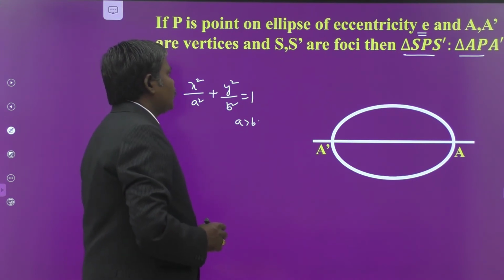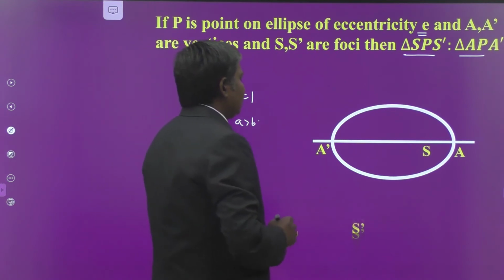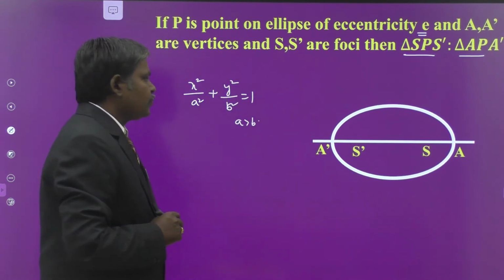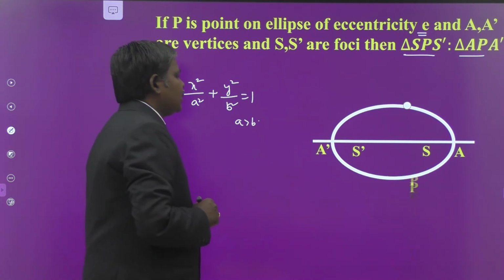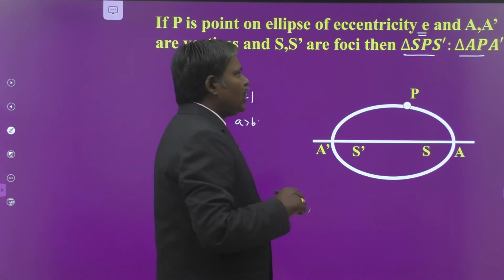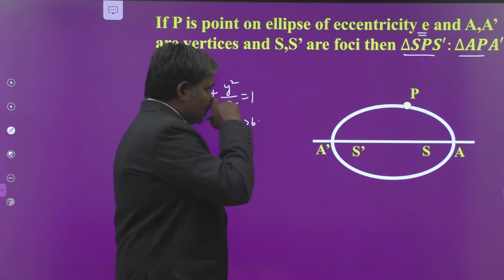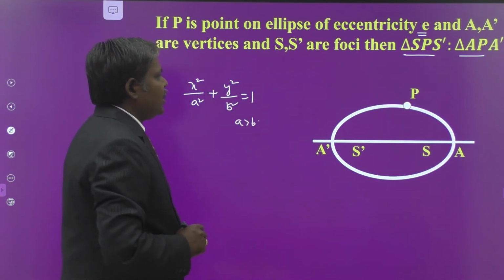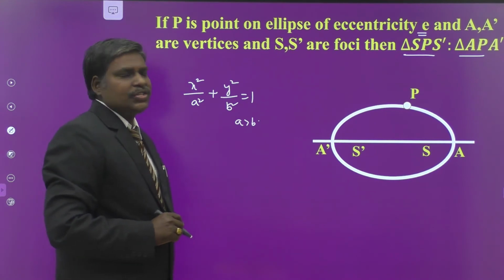And we have two foci S and S dash. You take any point P on this ellipse. We have to find the ratio of the areas of triangle SPS dash and triangle APA dash.